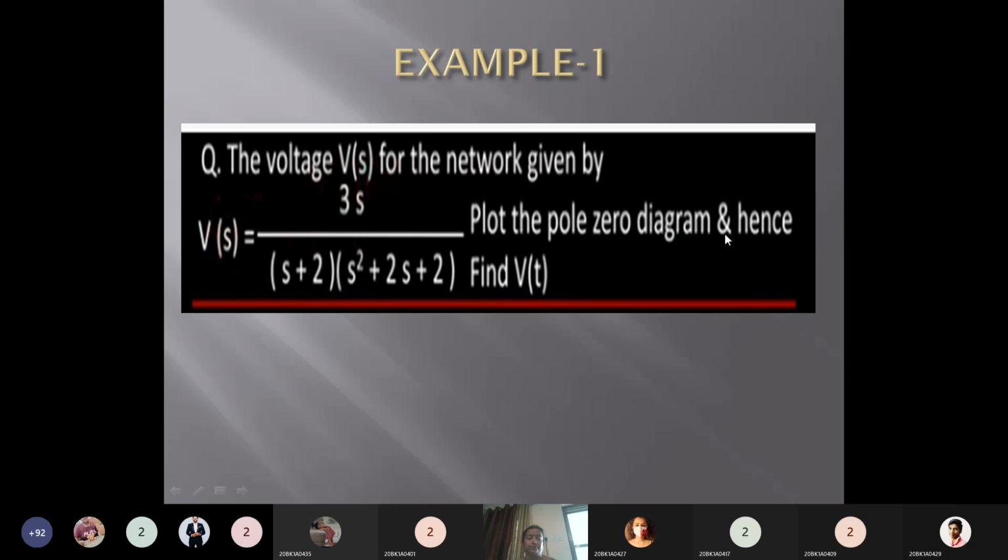Plot the pole-zero diagram and hence find V of t.